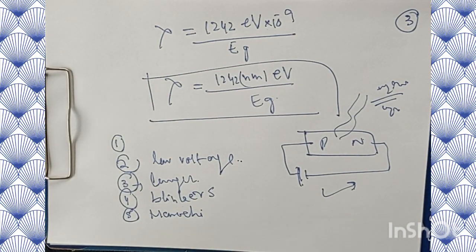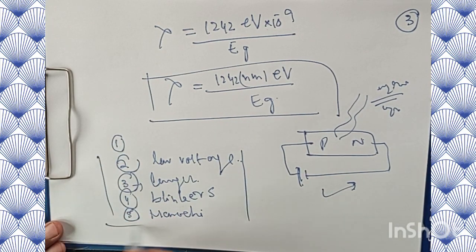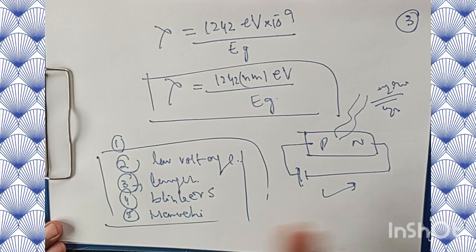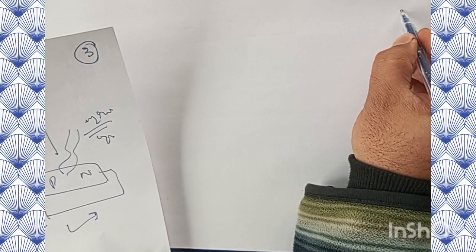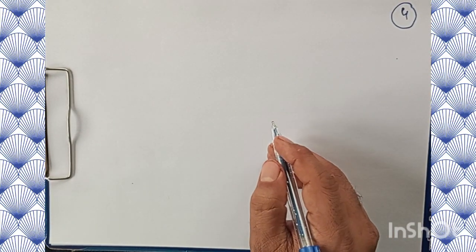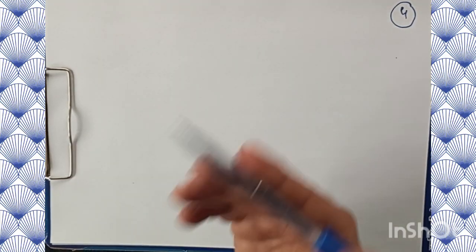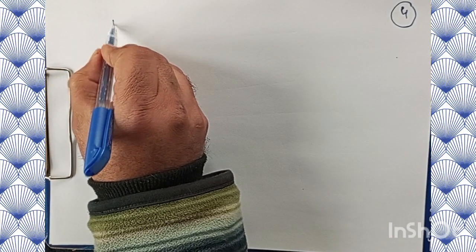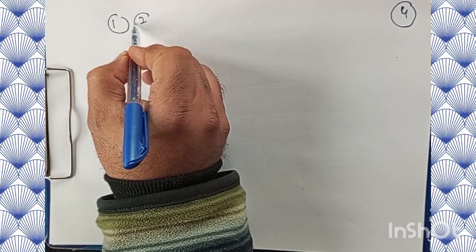And talking about their uses, as I talked about their advantages. These advantages make these light emitting diodes very useful in day-to-day problems and day-to-day technology that we have. They can be used as indicator lamps. Okay, they are used in digital displays that we see.